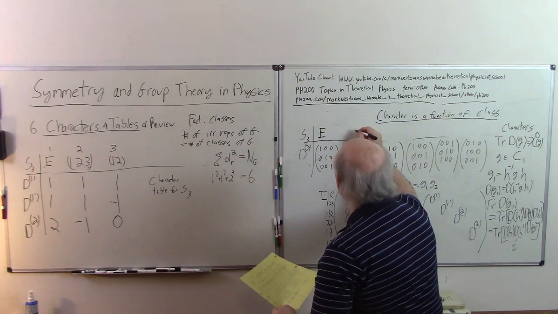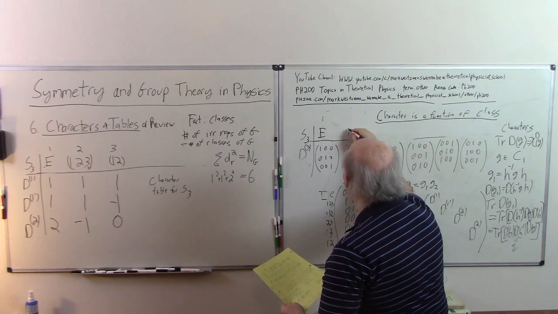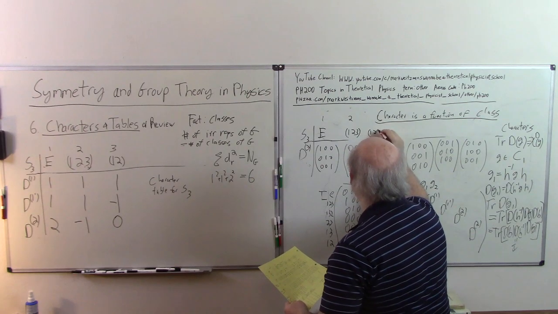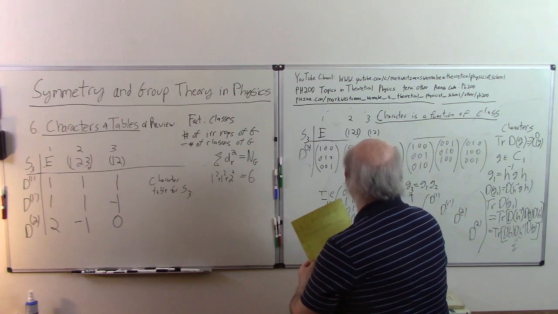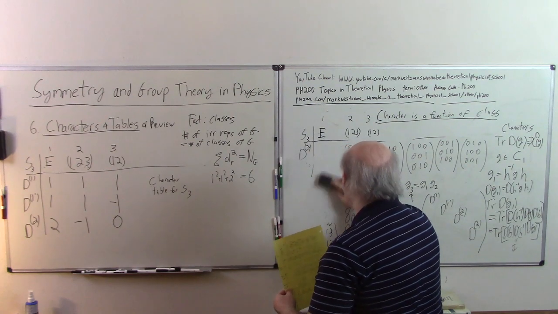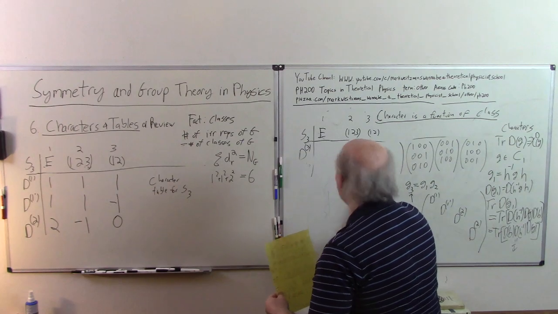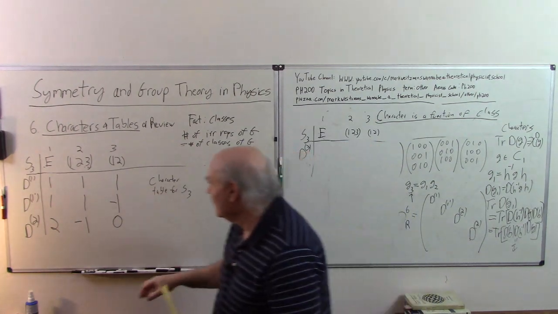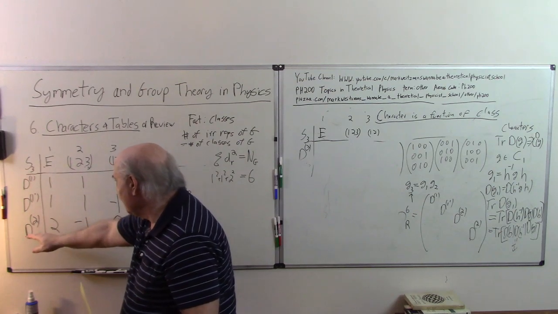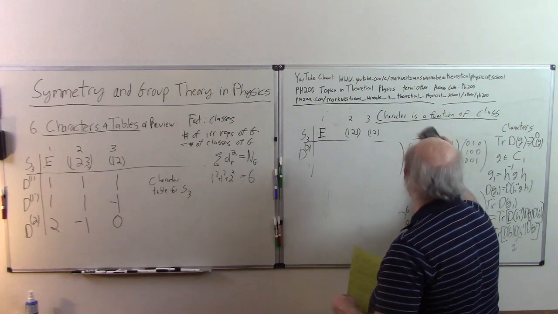So E with 1 element, (1 2 3) with 2 elements, and (1 2) with 3 elements. By the way, some authors put the dimensions on top and the classes on the left. So there are 2 ways to do it, but it's a square table no matter what.